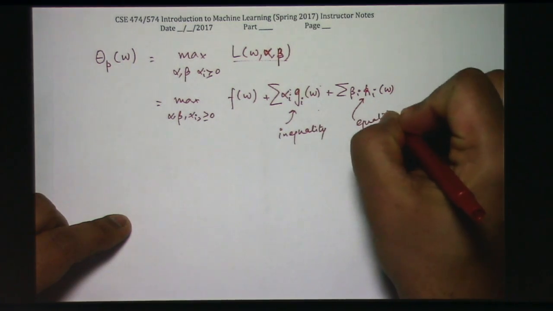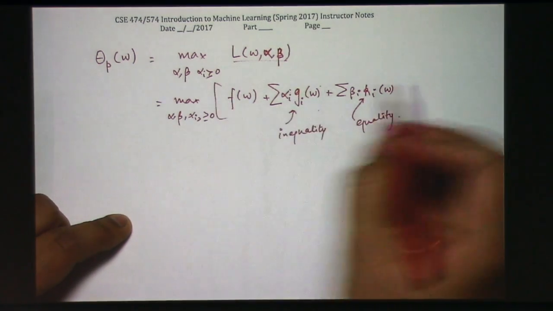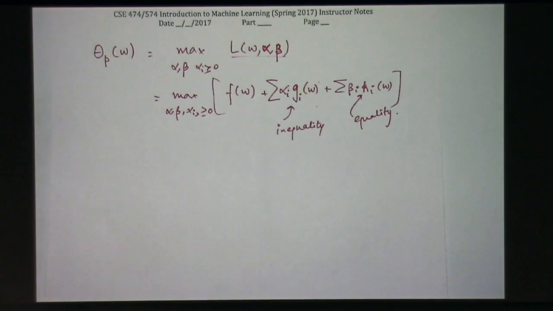This is what we are trying to find over all alpha and beta.